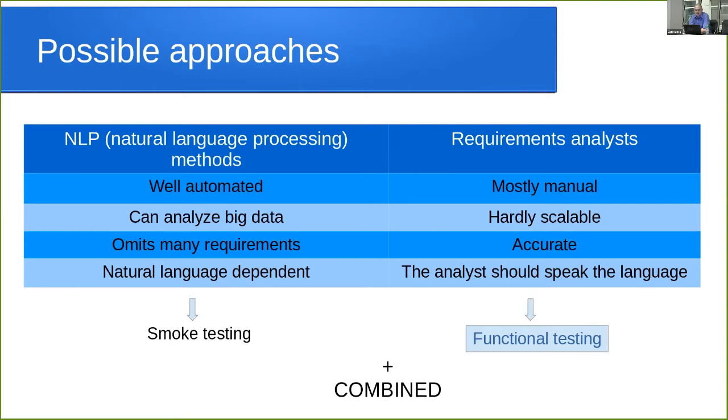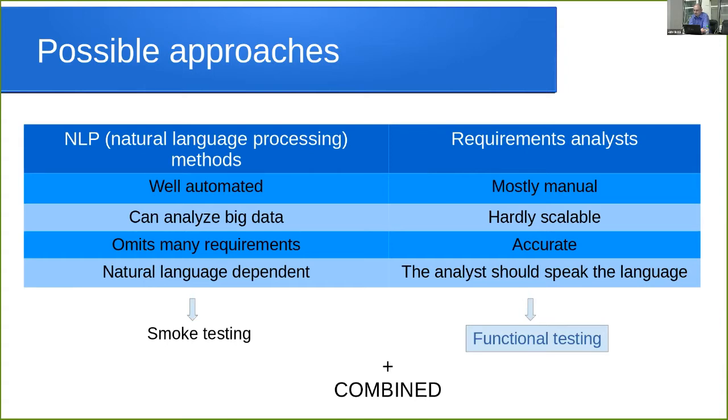And nowadays, I believe that these kinds of techniques omit many requirements, and they are not so accurate. In my mind, they can be applied to perform smoke testing. To perform a thorough testing, we still need to implement a traditional approach, which is on the right on the slide.